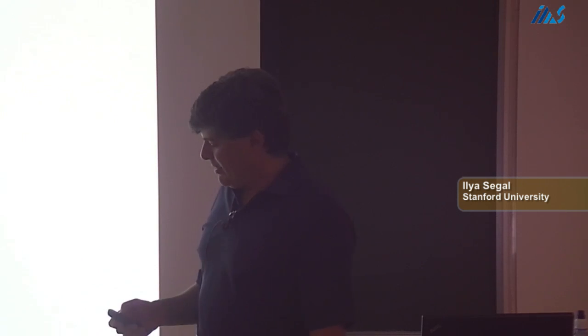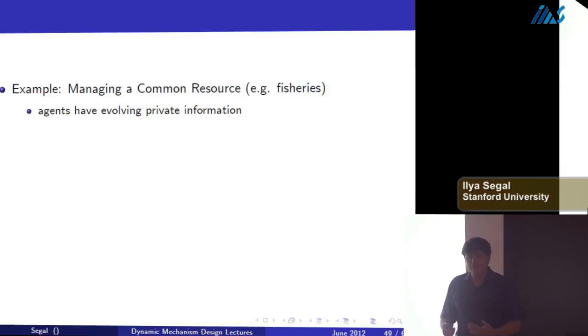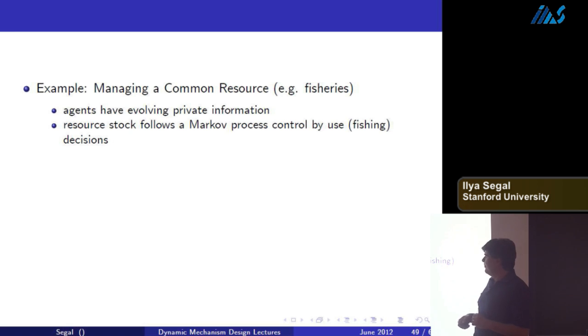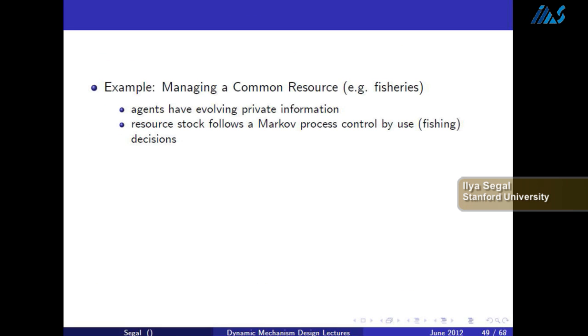Agents have private information about, for example, the value for the fish or the technology for fishing. And the question is, how much fishing do you allow for each agent to undertake in every period, with a view that this fishing will affect the future stock of the fish.